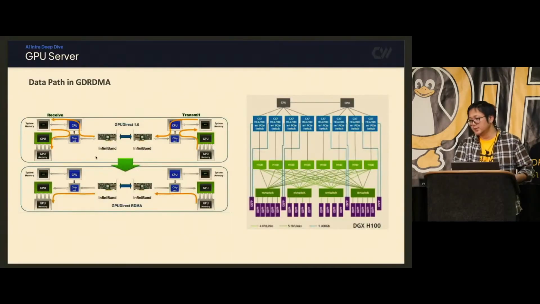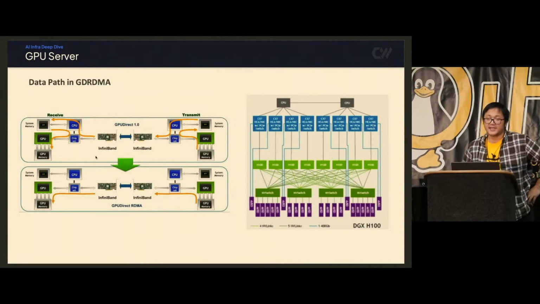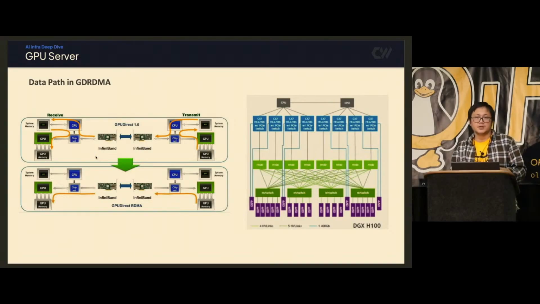Like I said, AI infrastructure doesn't come from nowhere. We already know the traditional HPC world, which has been there for decades, but it uses CPU. For this AI infrastructure, the big difference is that we have tons of GPUs inside, and we also need to focus on the cluster.